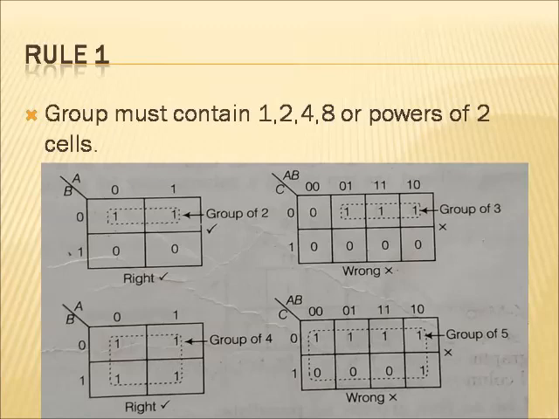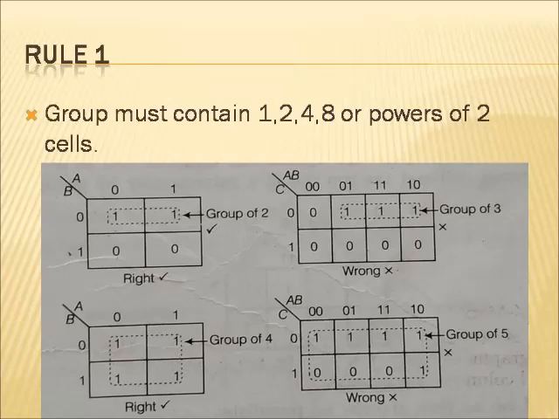So okay, now first see the rule number 1: group must contain 1, 2, 4, 8 or powers of 2 as group members or cells. Okay, first you can see that in the first image 2 ones, so on a 2 variable K-map, 1 1, that is a group of 2, that is right.